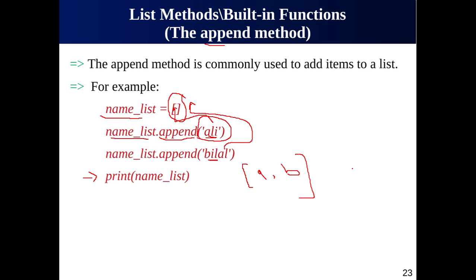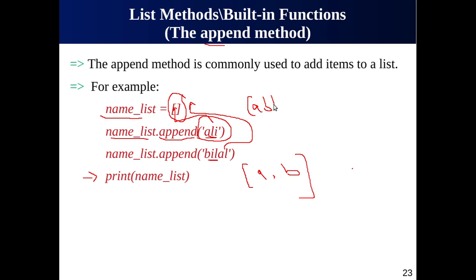Something important that I would like to share is that the empty list is a list with no elements. So if a list has no element, you can assign it values like this. But what if a list already has an element?